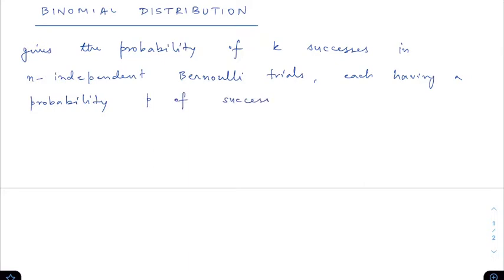This is normally denoted by capital B. k is my random variable and n and p are the parameters associated with the distribution function. Now the probability of k successes followed by n minus k failures can be denoted by this product p to the power k, q to the power n minus k.